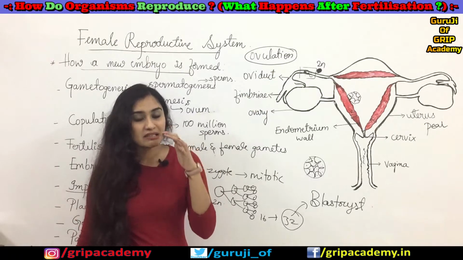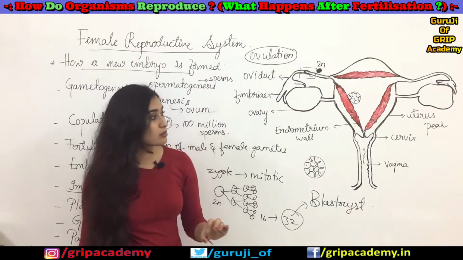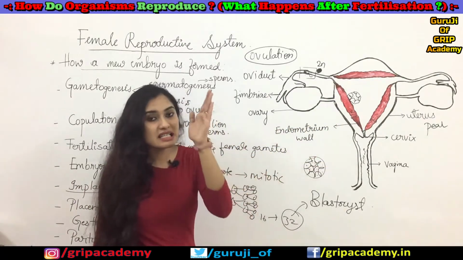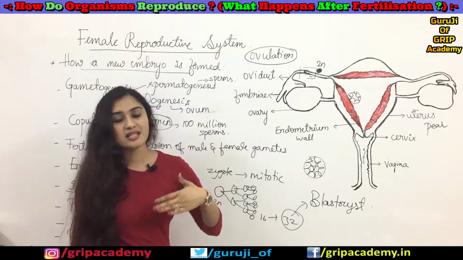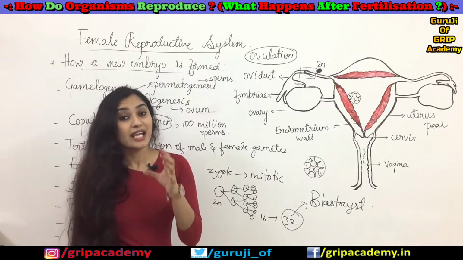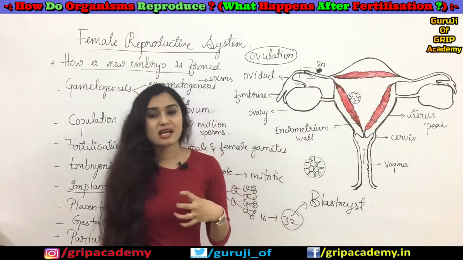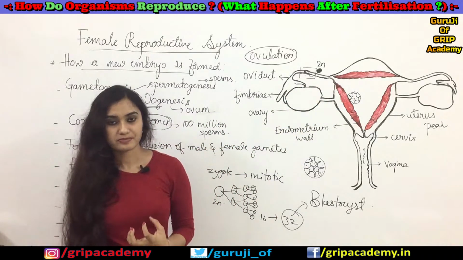Under the influence of these two sex hormones, the endometrium walls, which is the inner lining of the uterus, start becoming thick in order to receive a fertilized egg every month.